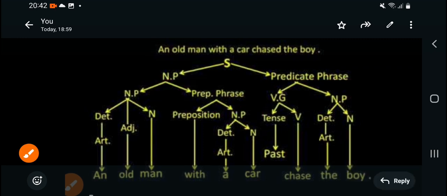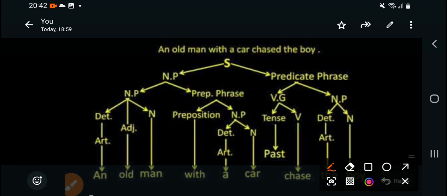So how many phrases are attached with another phrase, you have to check it, right? Now then chased the boy. So that is chased the boy, it is a verb phrase.